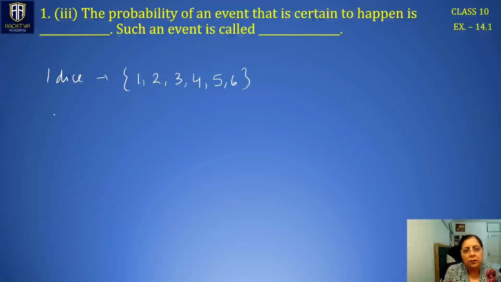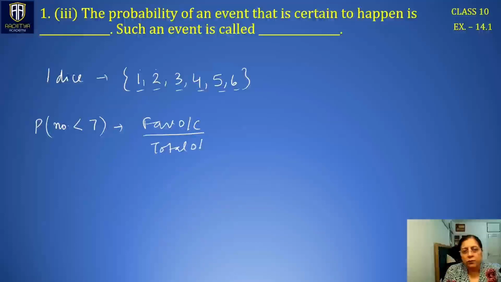And if I define an event to get a number less than 7. As we know, all of the numbers here occurring in the sample space are less than 7. So how many favorable outcomes do we have? We have 6 favorable outcomes. So we write 6 upon total outcomes, which are 6.